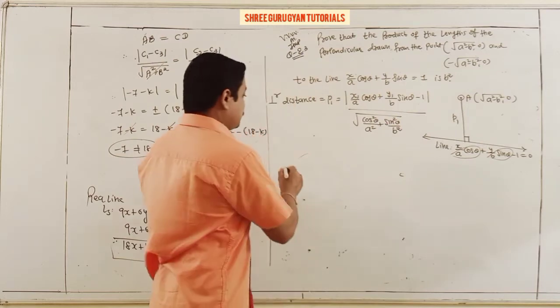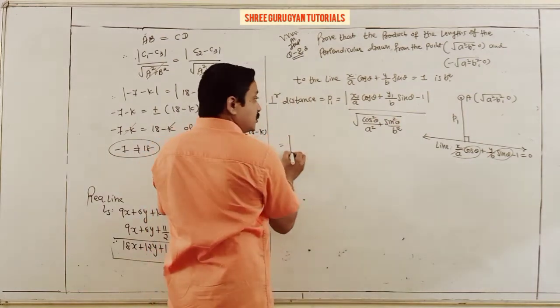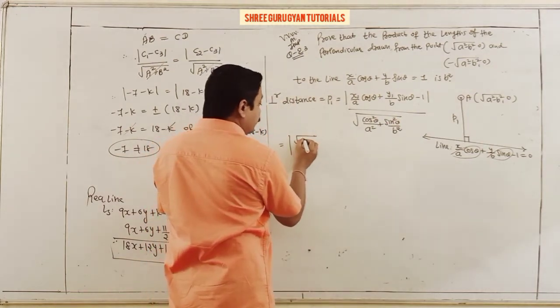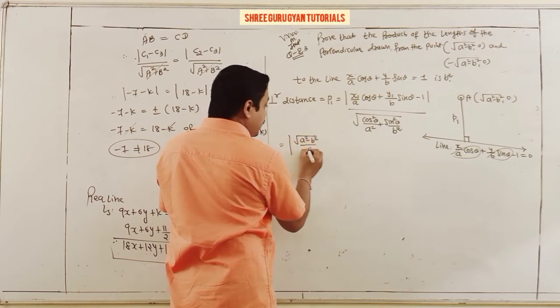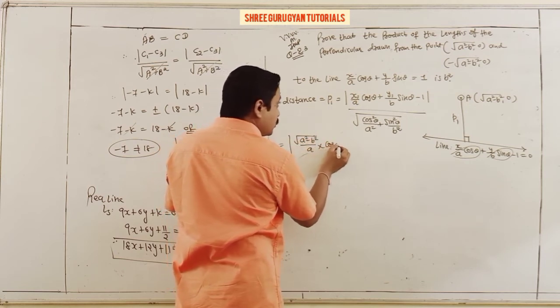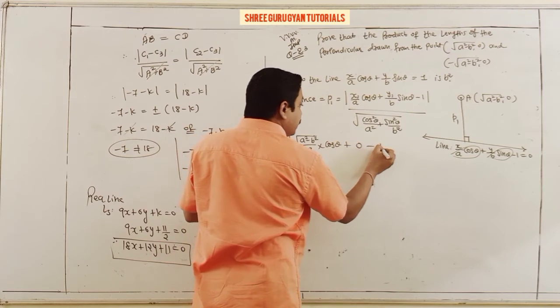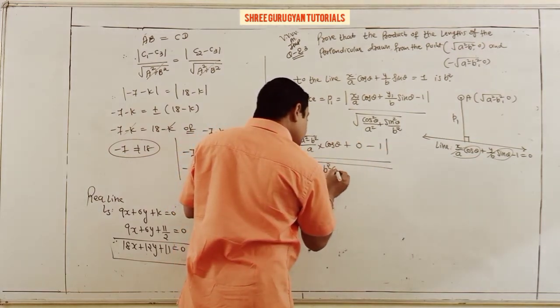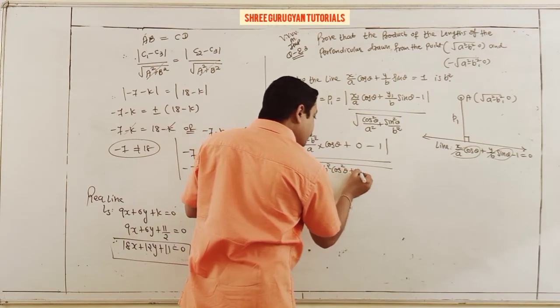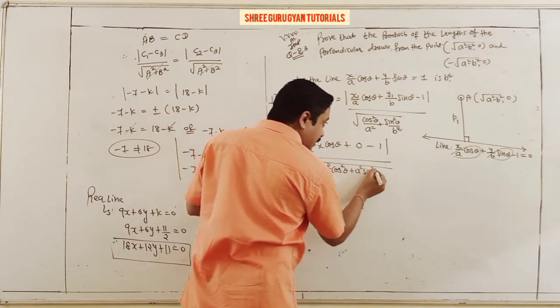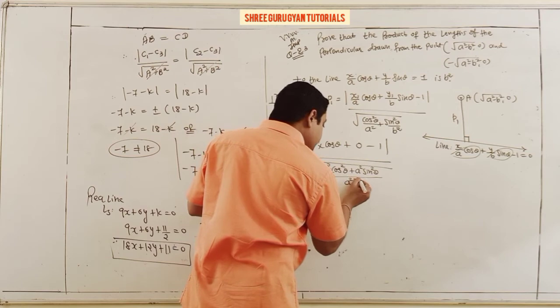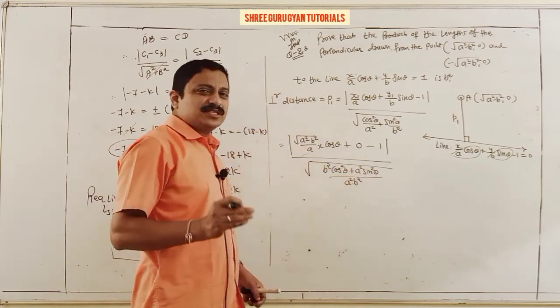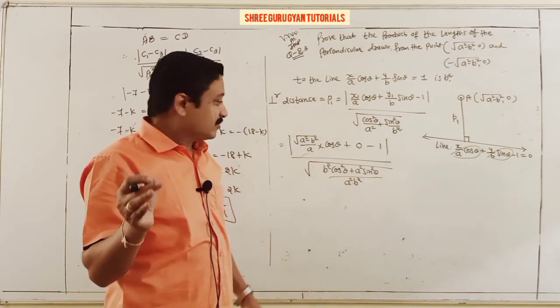So the x1 value is under root a square minus b square by a into cos theta. Y1 is 0, and minus 1 by under root, take LCM, b square cos square plus a square sin square upon a square b square. Students, here you simply take the LCM.